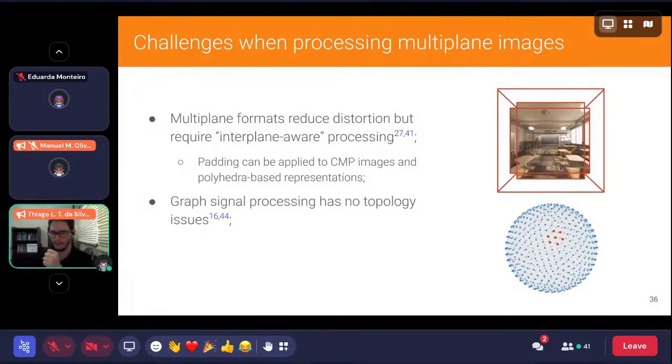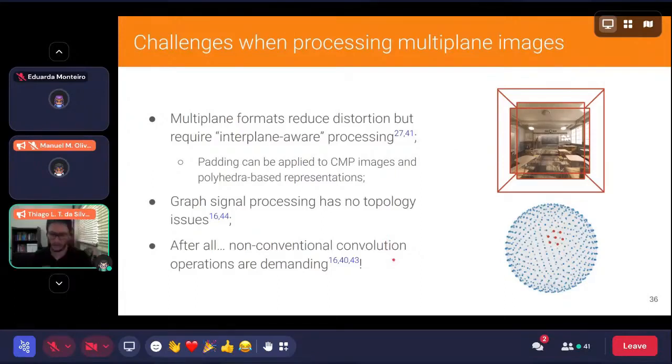So if we represent this spherical image on a graph, we don't have any kind of topological issue, and we can perform graph signal processing with no need to tackle special conditions. We can actually use graph neural networks and approaches like that to perform much of this signal processing.